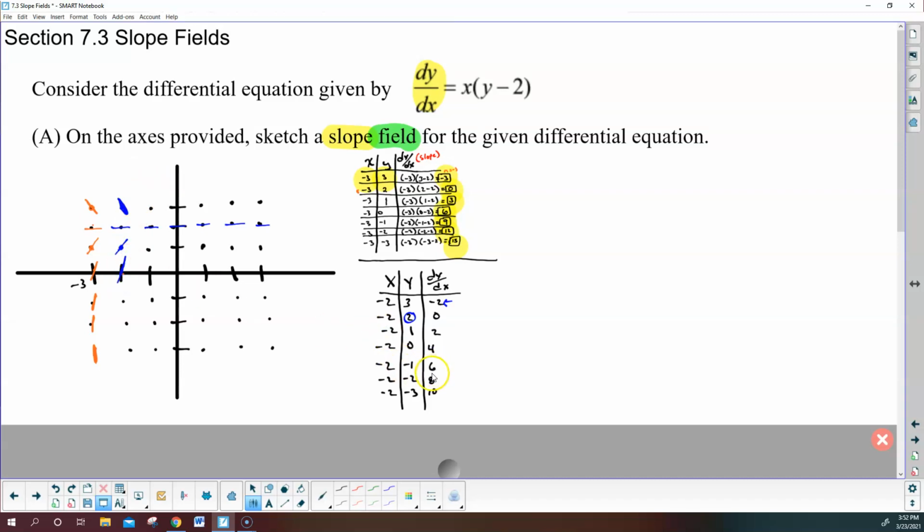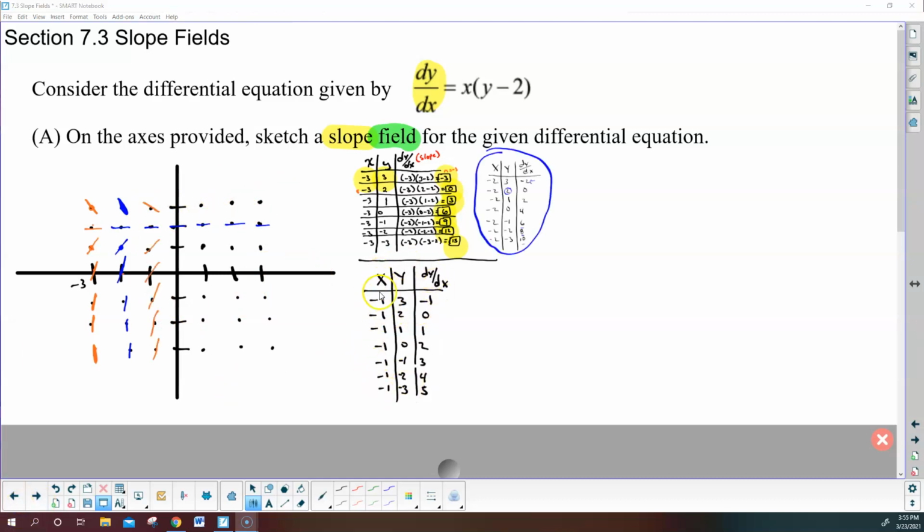And notice these slopes keep getting larger and larger and larger. So I'm just going to make them fairly steep. And again, it's really hard to tell the difference between a slope of 10 and a slope of 15 on a value like this. All right, hopefully that's enough where you guys can finish your slope field. I'm going to pause it and work through the rest of it.